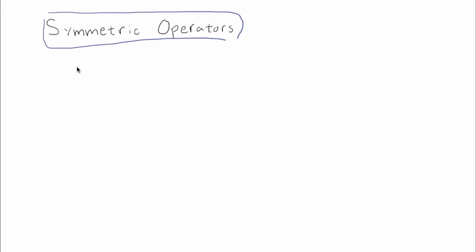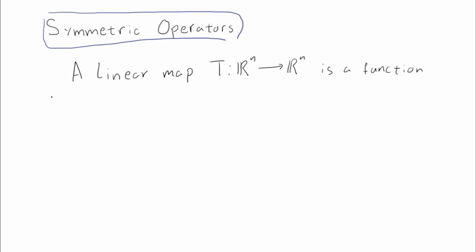So let me remind you first. A linear map T from Rn to Rn is just a function that satisfies certain special properties. First, it preserves the addition of vectors.